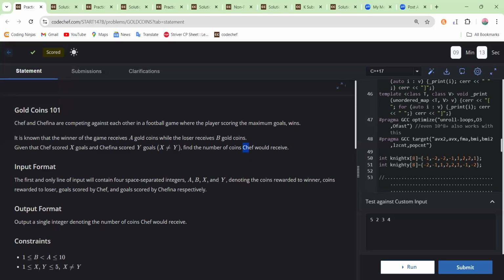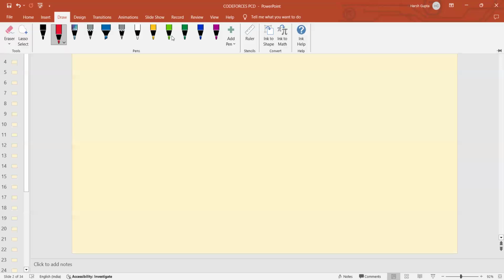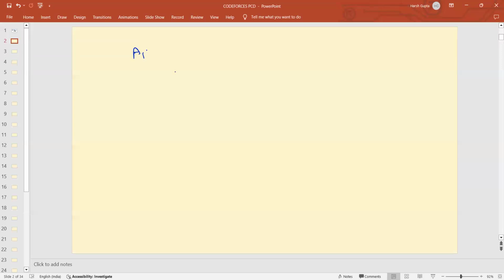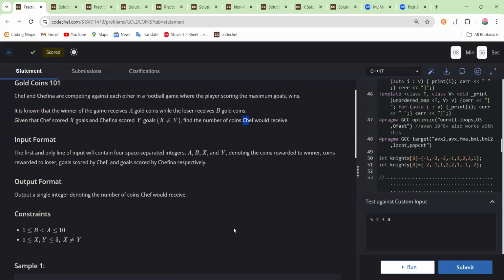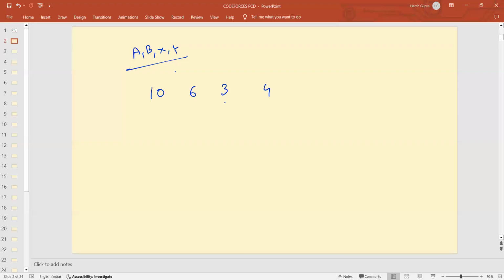If I take a very simple example, say the values of A and B are 10 and 6, and let's suppose X and Y are 3 and 4. Chef is scoring 3 goals, Chefina is scoring 4 goals. The loser is getting 6 gold coins and the winner is getting 10 gold coins.